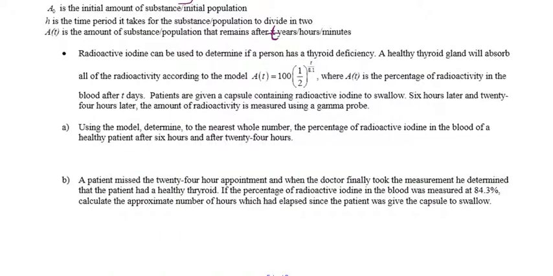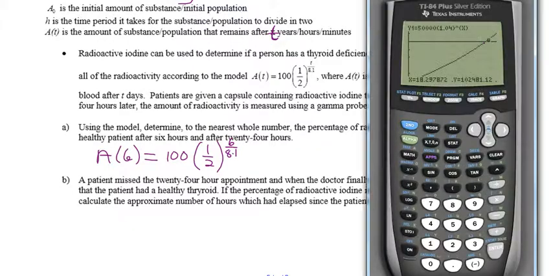Okay? So we can do this just using the formula, right? We don't need to use our calculators for this. So we can say A of 6, the amount after 6 hours, is 100, which is the initial percentage, times 1/2 to the power of 6 over 8.1. I'm not going to do any special tricks on this. I'm just going to enter it.